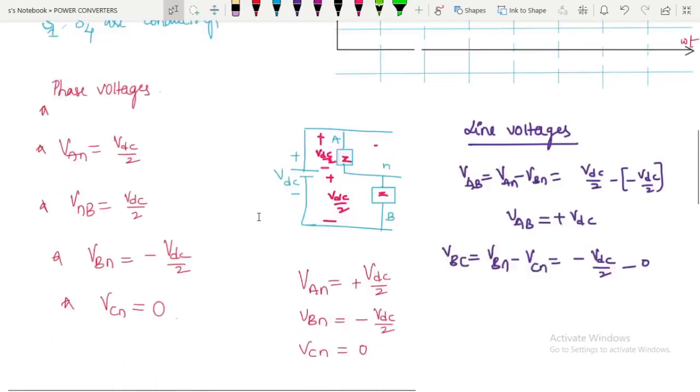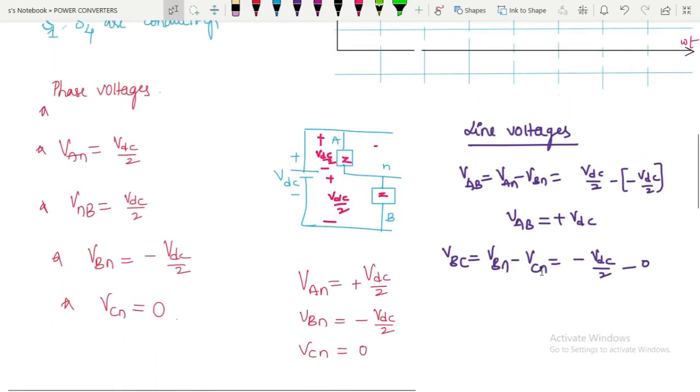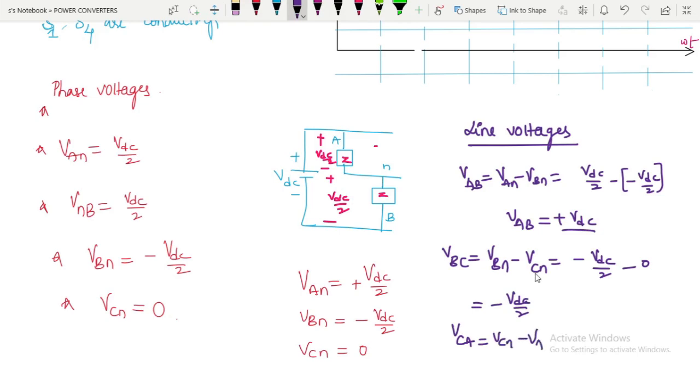Now let us see the line voltages VAB, VBC, and VCA. What is the value of VAB? That is plus VDC, and VBC is minus VDC by 2. VCA is VCN minus VAN, which is 0 minus VDC by 2, which is minus VDC by 2.